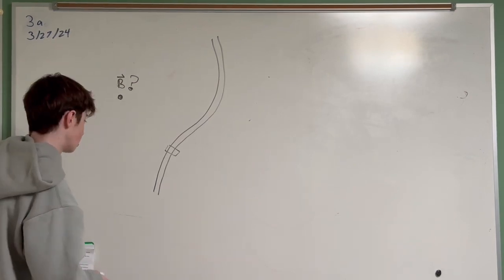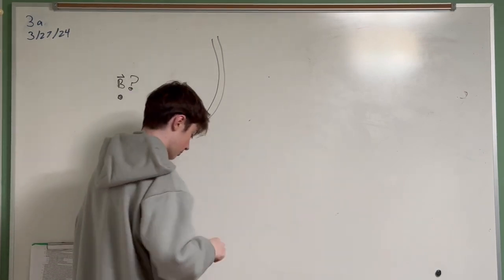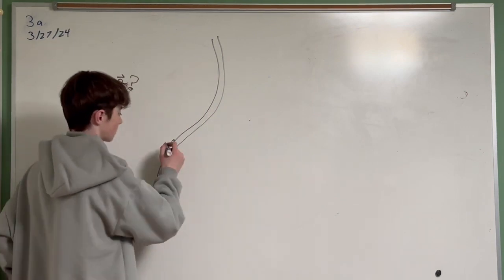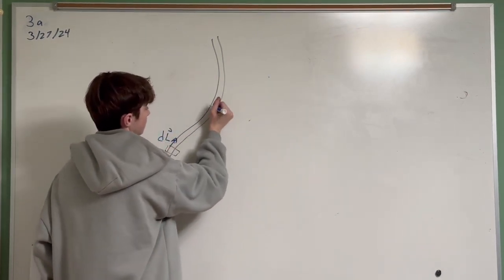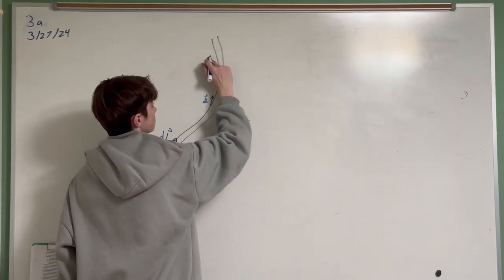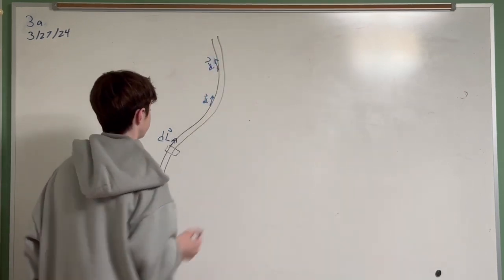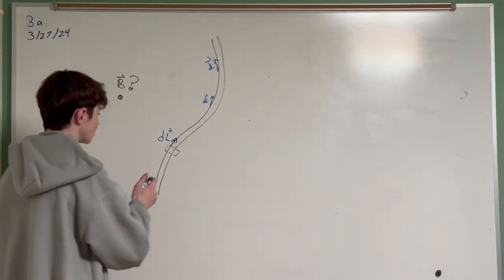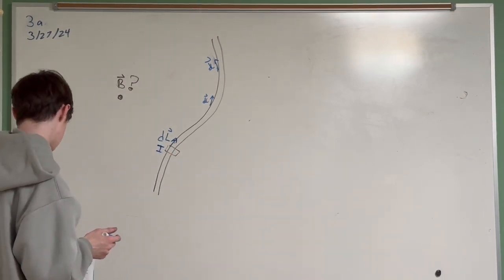First we draw our length vector for each point on the wire. Little length vector, that's dl, and it goes all across the wire. And then we also have a current value at that infinitesimal spot.